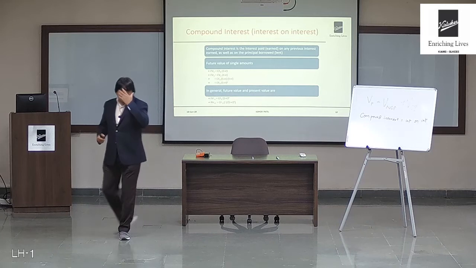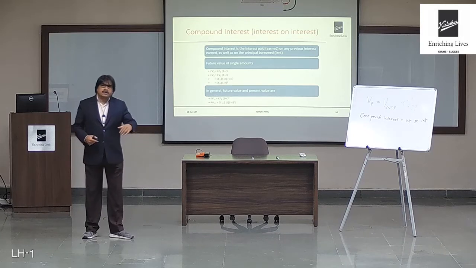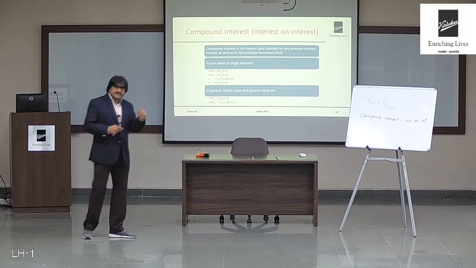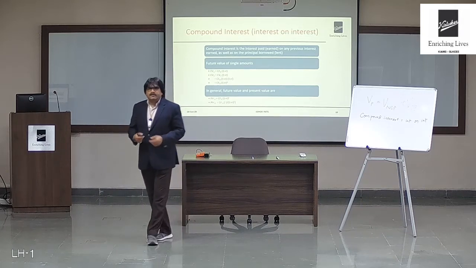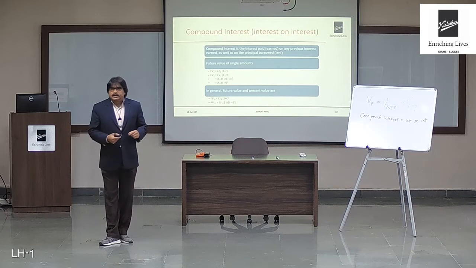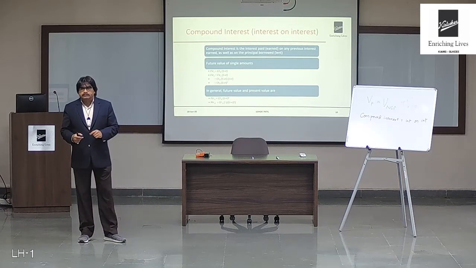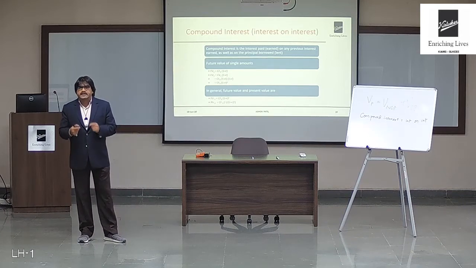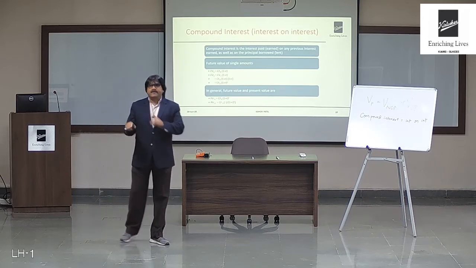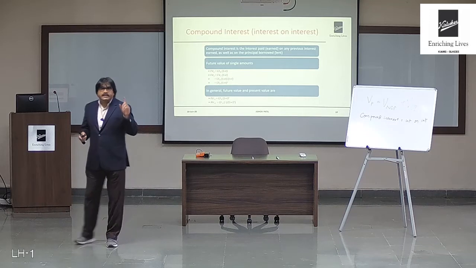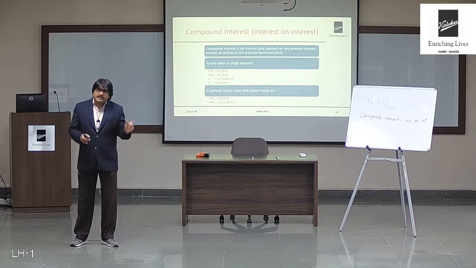In simple interest, we are not compounding the interest generated. Suppose 100 rupees is invested by you at 5% interest. After 1 year, the amount returned to you will be 105. In the second year, again 5, because the interest generated in the first year is not compounded.